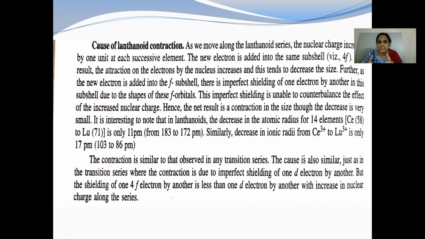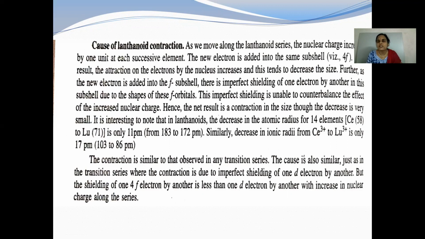It is interesting to note that in lanthanoids, the decrease in the atomic radius for 14 elements, cerium 58 to lutetium 71, is only 11 picometer. Similarly, decrease in ionic radii from cerium in +3 state to lutetium in +3 state is only 17 picometer, 103 to 86 picometer respectively.